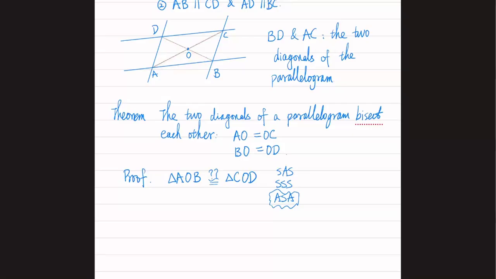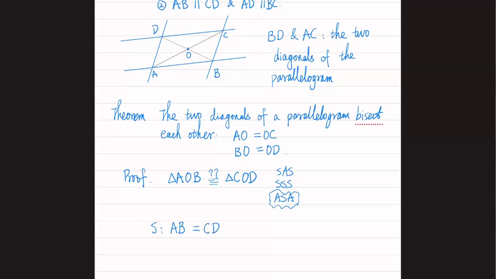AB and DC, perhaps, because it's a parallelogram. We just proved the two sides have the same length. Okay, now we have a side: AB, CD.